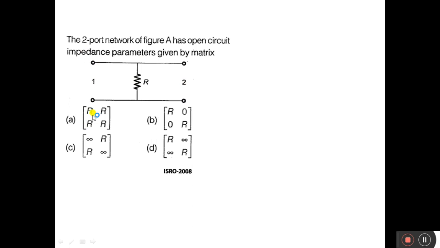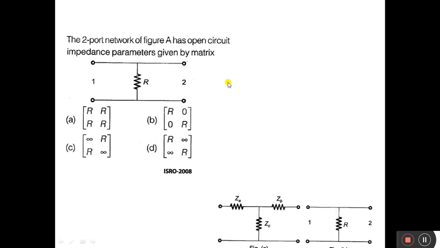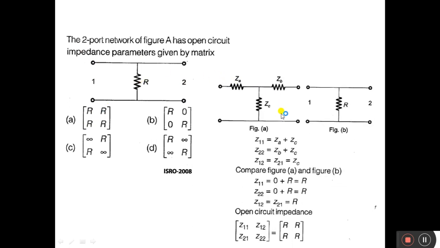But a general shortcut idea: if the question is given with only R, the standard network is this one, the star. So whenever you calculate Z parameters, whatever the question given, first convert into star. That is very easy for calculating the parameter values.